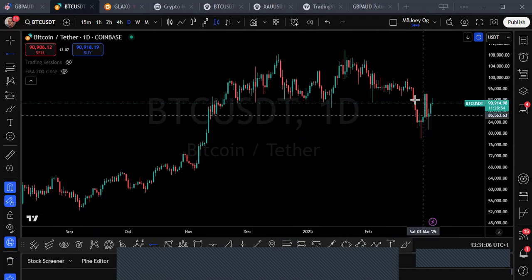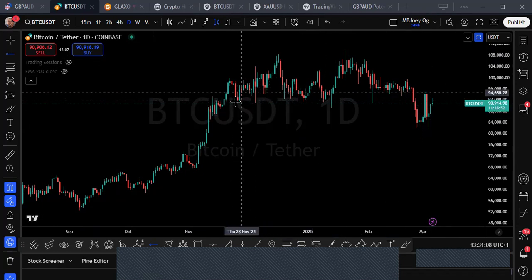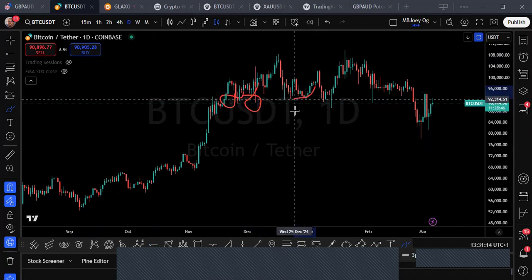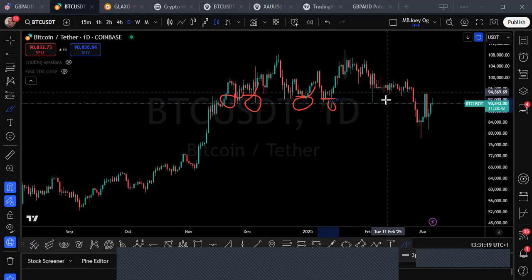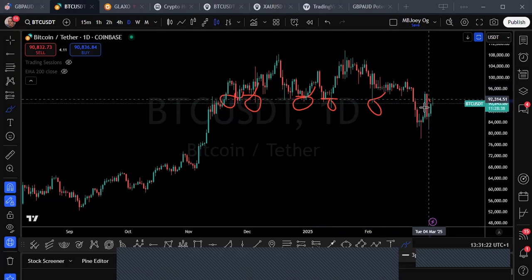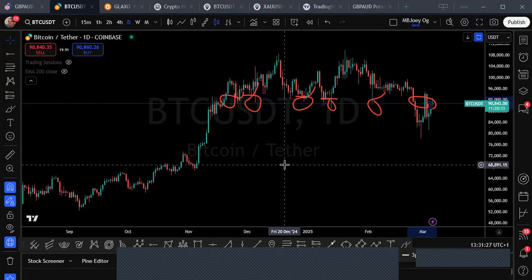You can see almost three rejection points. And perhaps this area. That one, yes.